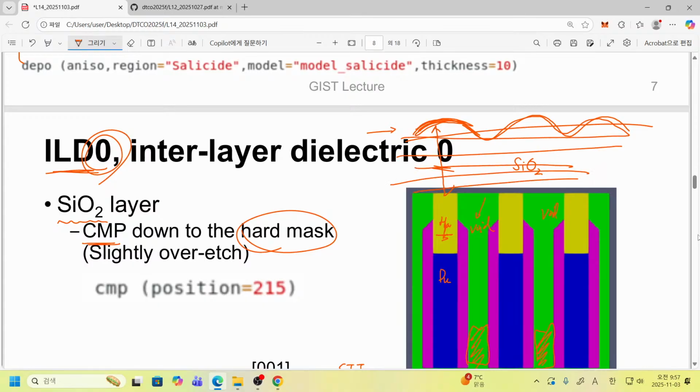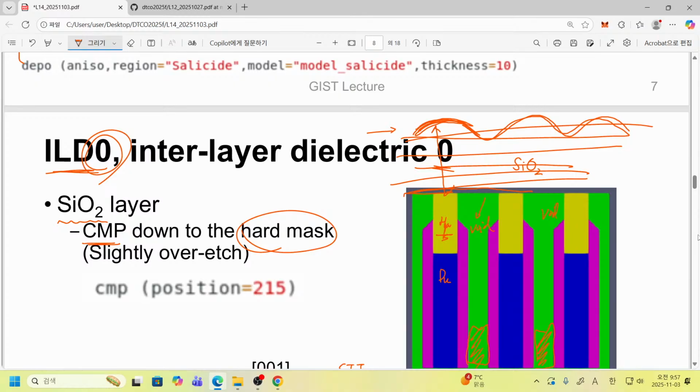Once the CMP front finds the silicon nitride layer, the etch rate suddenly becomes quite slow, and we have some optical means to observe it. Then okay, now we understand we have arrived at the top of the silicon nitride hard mask.